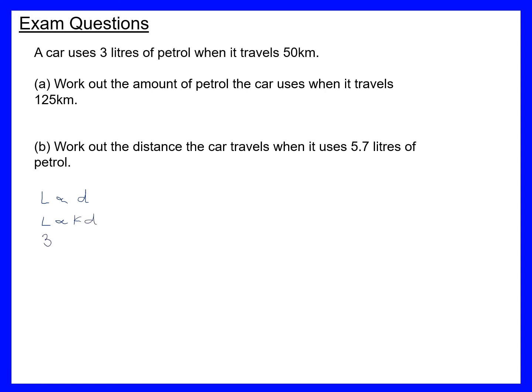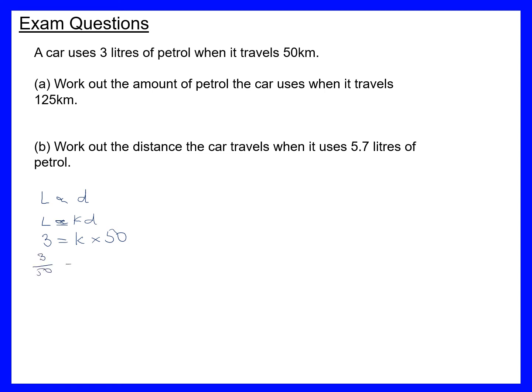If I use 3 litres, sorry, that should be an equal sign there, that should equal K times the distance we've travelled, which was 50 kilometres. So we need to divide both sides by 50.